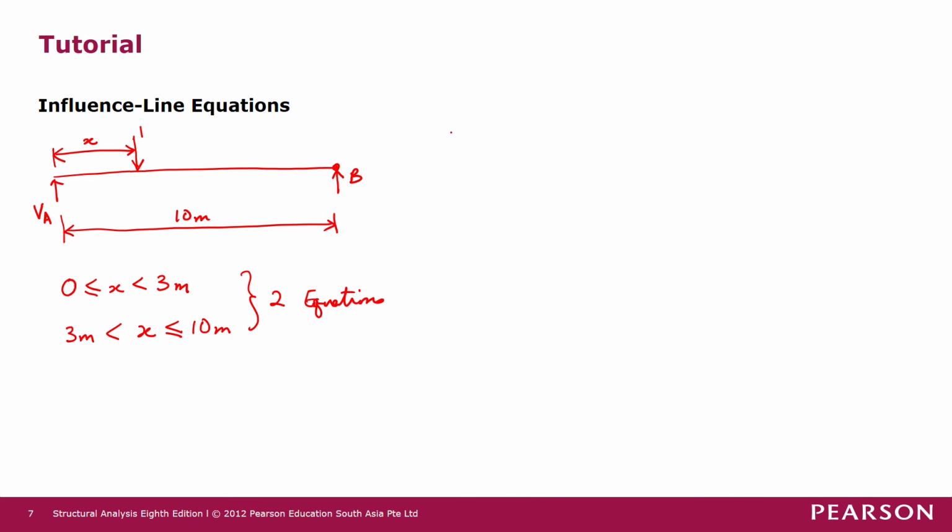So in this case, we get VA times 10, and then we minus 1, which is the 1 unit force, and then the moment arm is 10 minus x, and this will be equal to 0 if we sum moment at joint B here and take clockwise moment as positive.